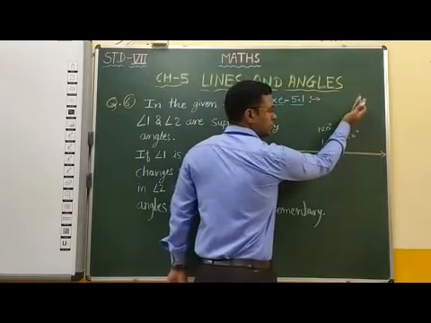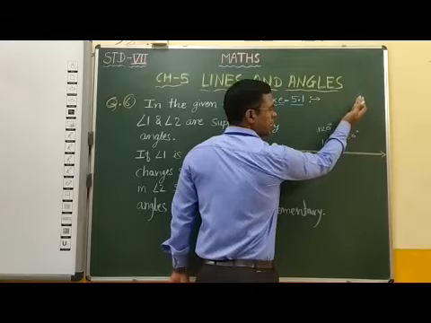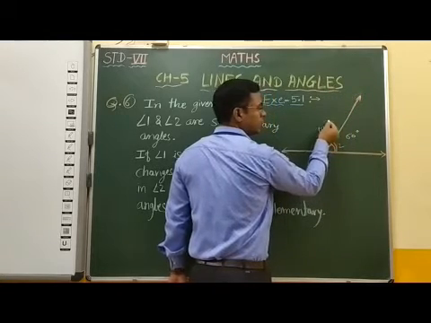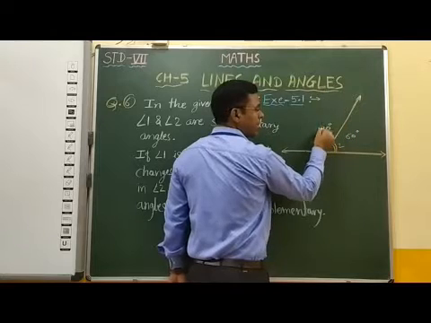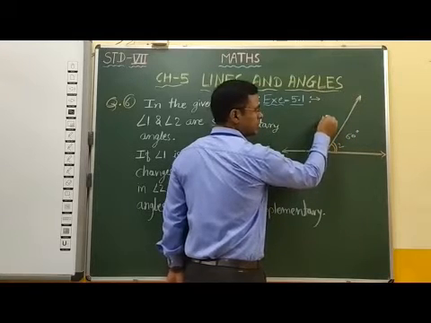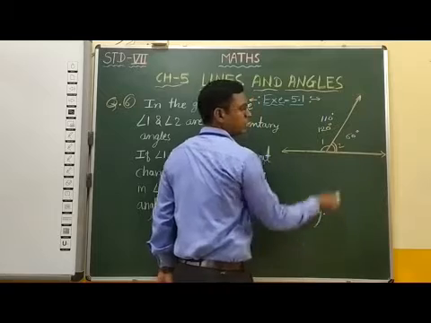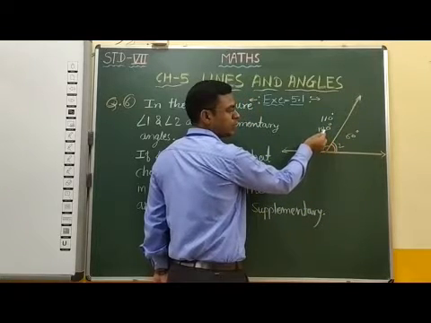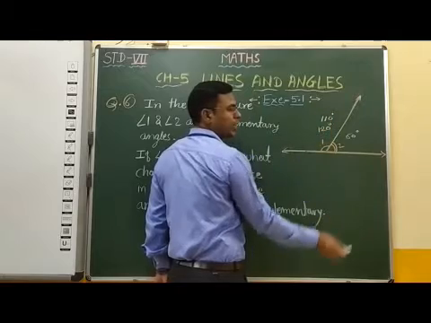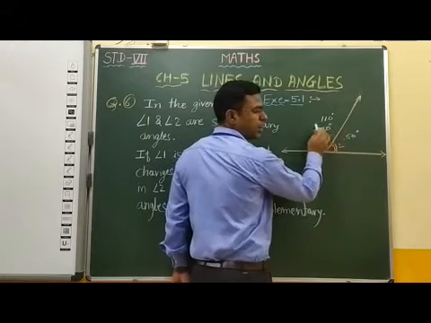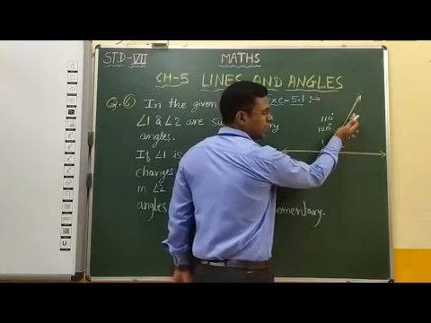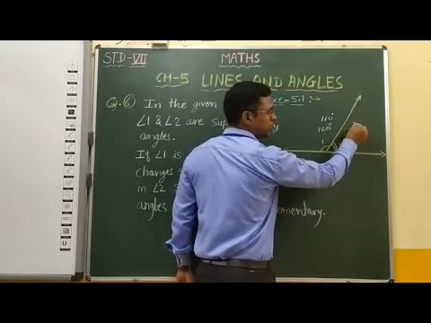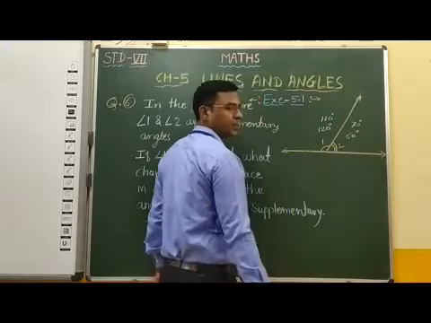If we shift this common arm to the left, then angle 120 is decreased by 10 degree, from 120 to 110. Then automatically this angle increases by 10 degree, that is 60 to 70.